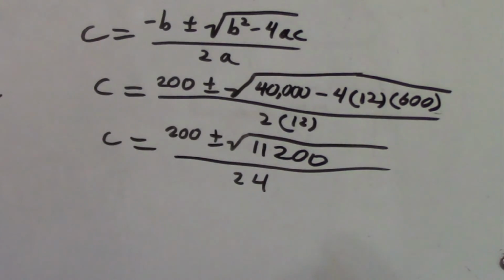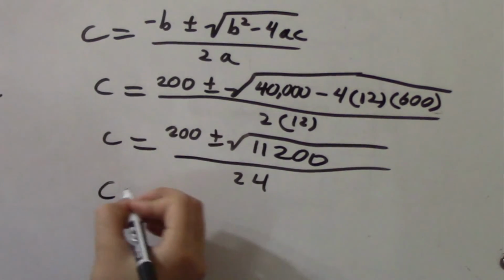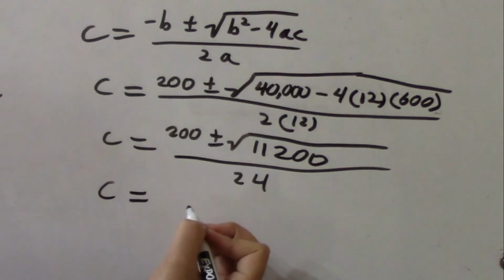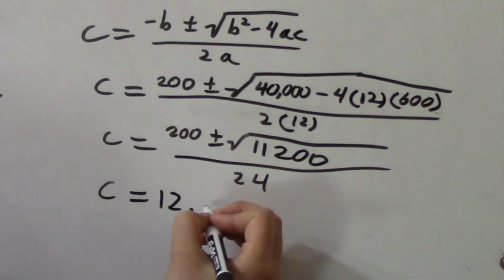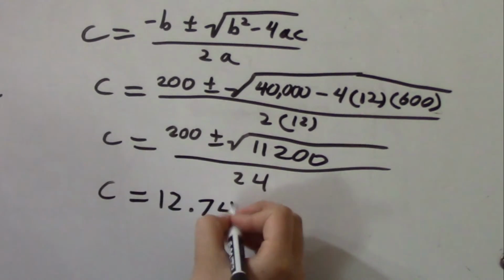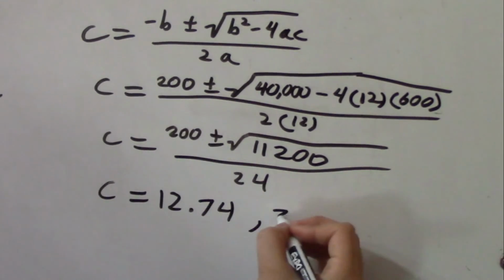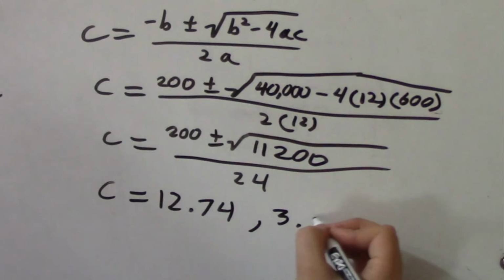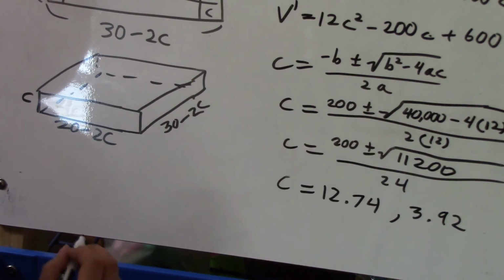If we do it on the calculator, the critical points will equal 12.74 and 3.92. Now we have the critical points.